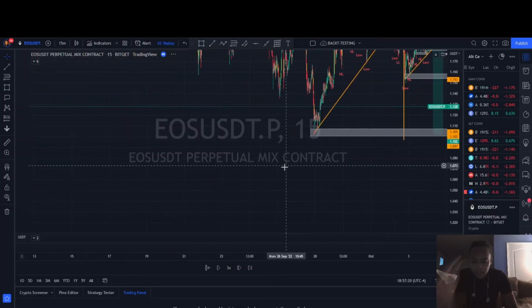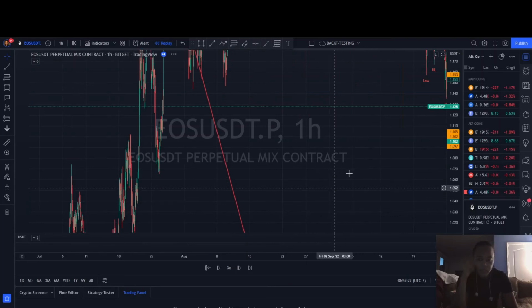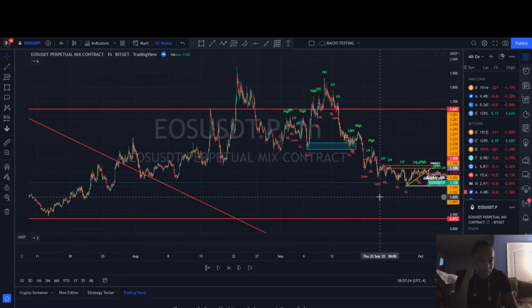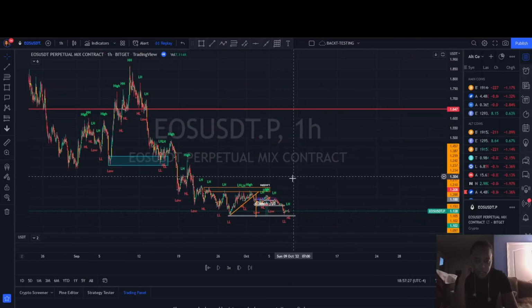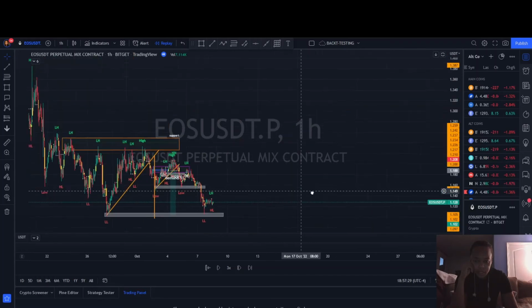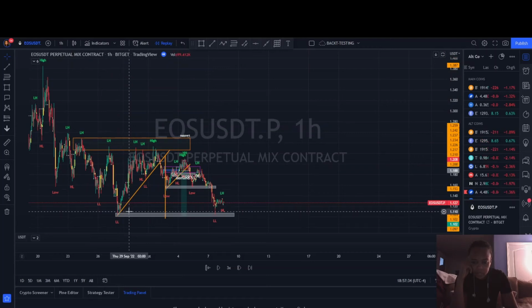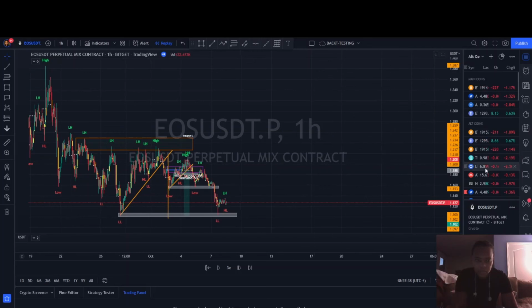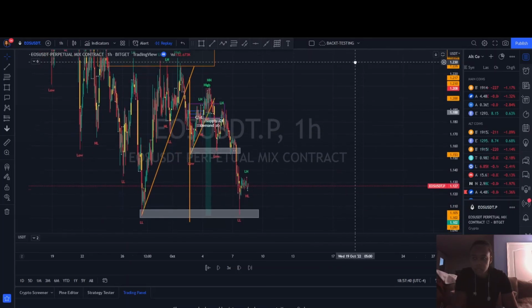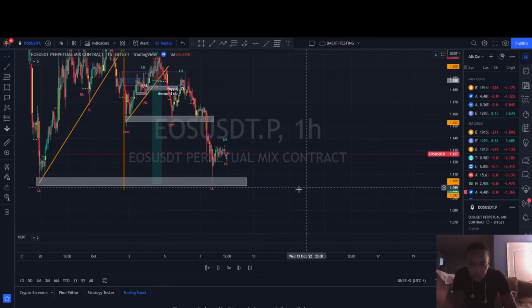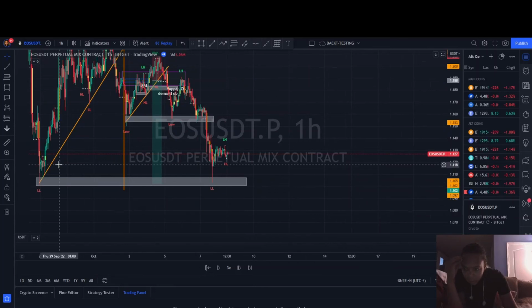Let's go wait for the 1 hour. Yeah, so that was an area that's been touched. Could have taken profits about here. Could have taken profits not quite at the tip, but where it's more clustered, about here, and that would have been fine.